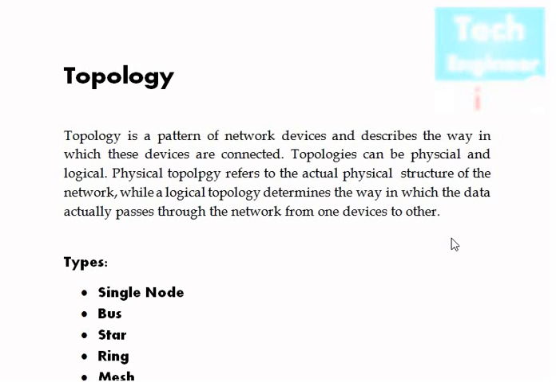A group of devices are connected in some way, and that structure in which this group of devices are connected is known as topology. There are many types of topologies, but this is the basic idea: the structure of a network, the way the group of devices are connected with each other, is known as topology.